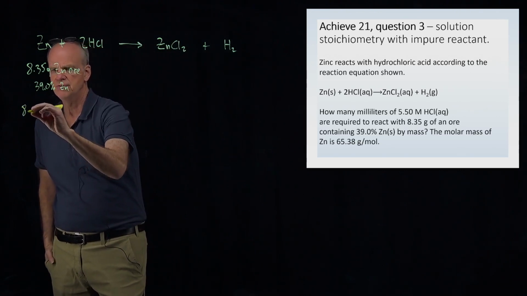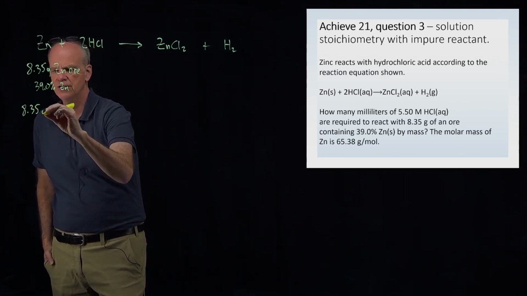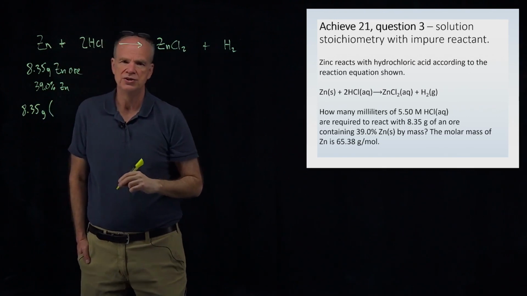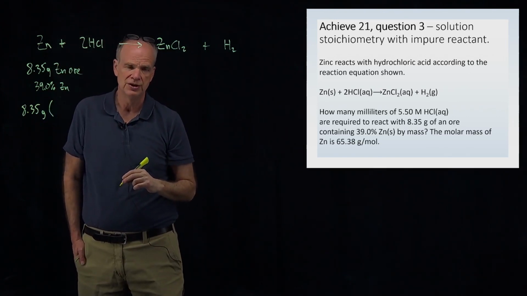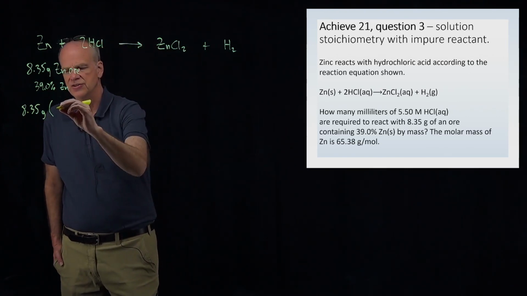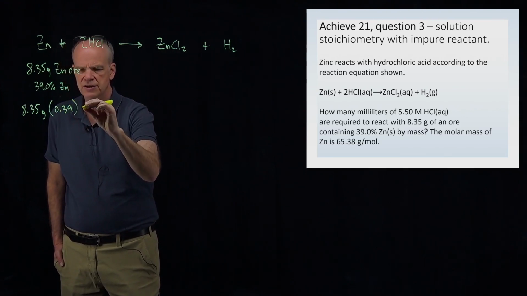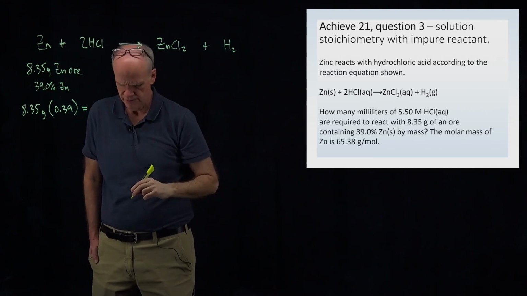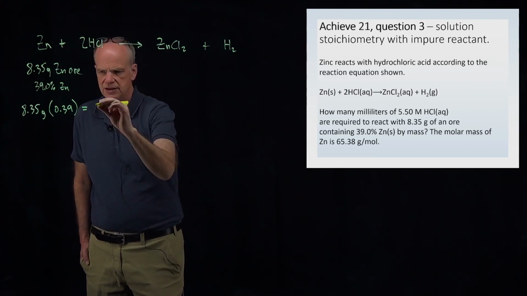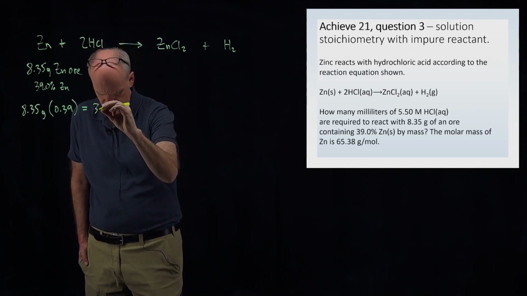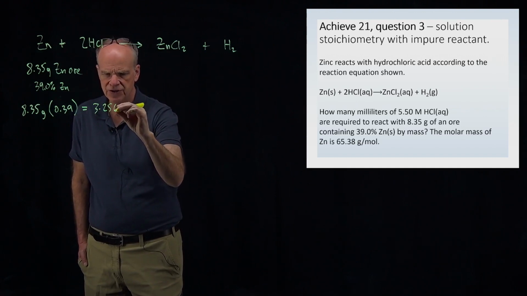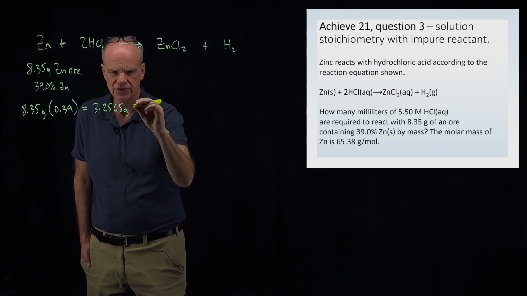So it's 8.35 grams of ore. And then what you want to do is multiply by the decimal equivalent of the 39%, so it's 0.39. And then if you do the math, what you get is 3.2565 grams of zinc.